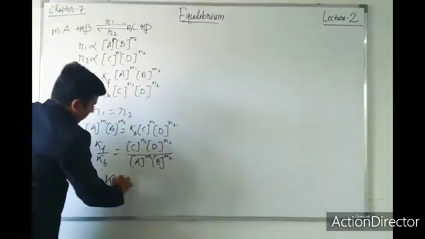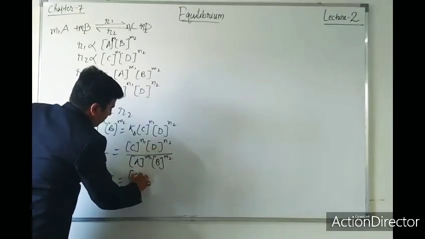And about this ratio of the forward and backward reaction constants, we took it as K. What is this K? Can you tell me? This K is known as the equilibrium constant.